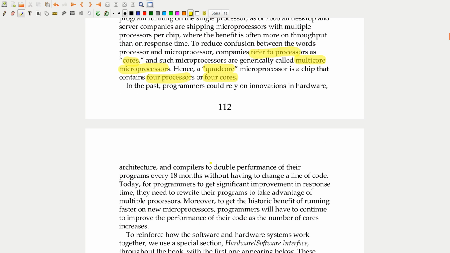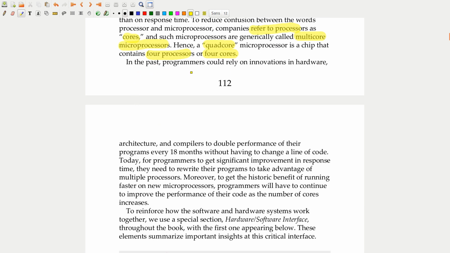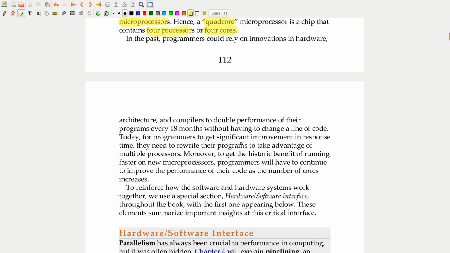Okay. So moving on, in the past, programmers could rely on innovations in hardware architecture and compilers to double performance. So now it's becoming more important to have a holistic understanding of hardware and software, because writing a single-threaded program, something that's going to execute on a single core, is fairly easy compared to multi-core.